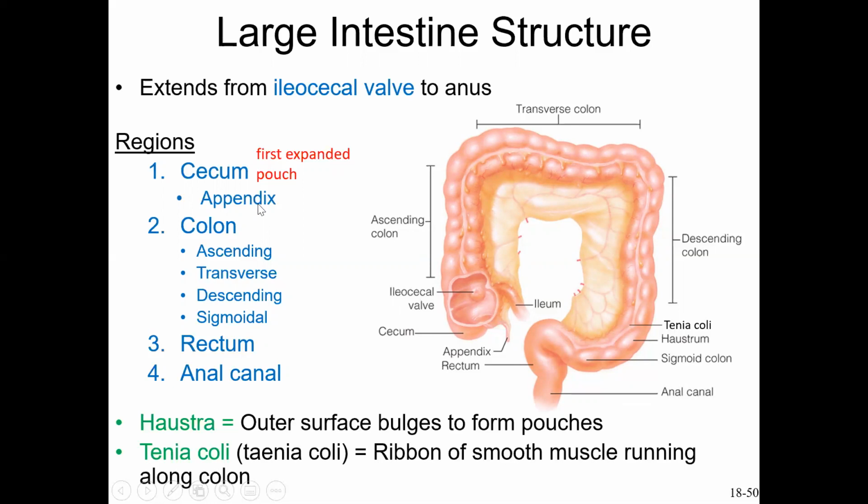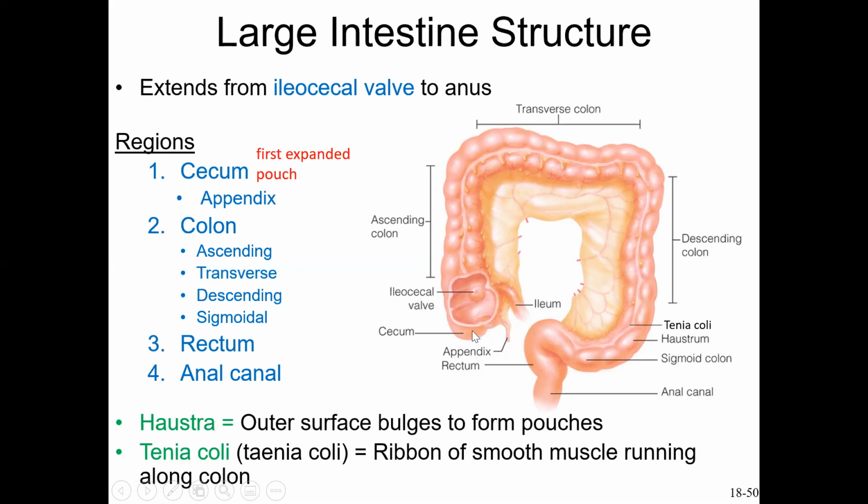Now the appendix is also for immune function. It houses immune cells, and what happens is it traps bacteria that might be in the large intestine in the appendix and allows the immune cells time to respond to that bacteria. So appendicitis just means that the bacteria that was trapped in the appendix got out of control, and it's inflamed, and you can actually have a burst appendix.